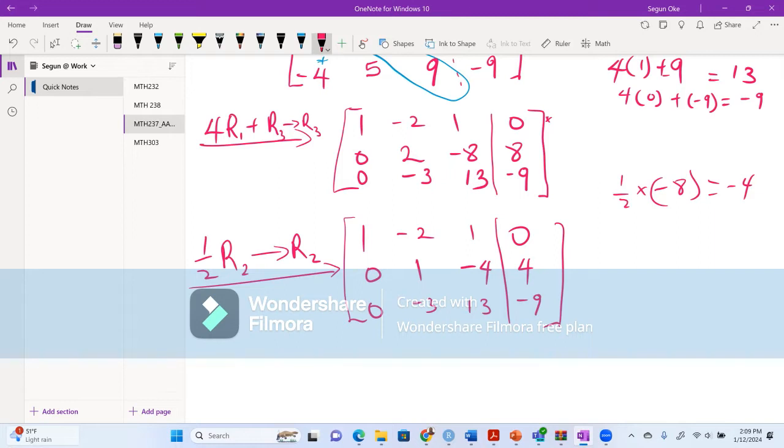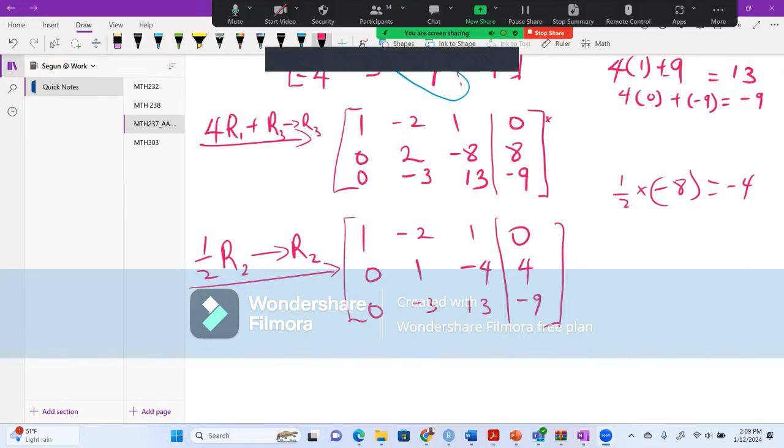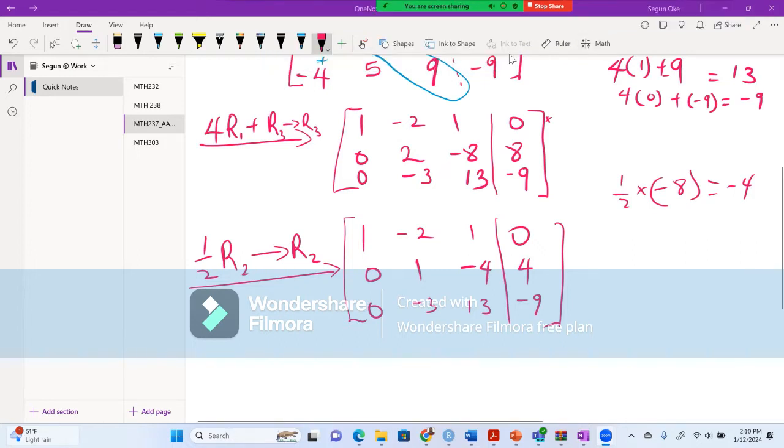Please take notes. So the next thing we need to do, remember, we need to make the lower entry 0. So how do we do that? What can we do to our row 3? Anybody?